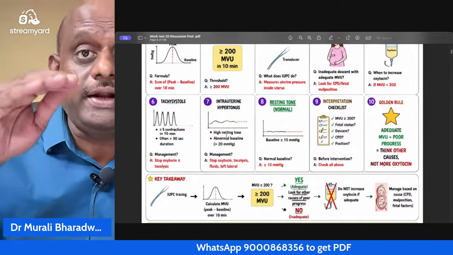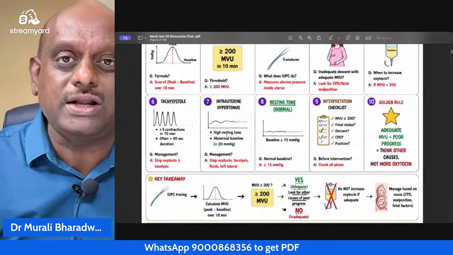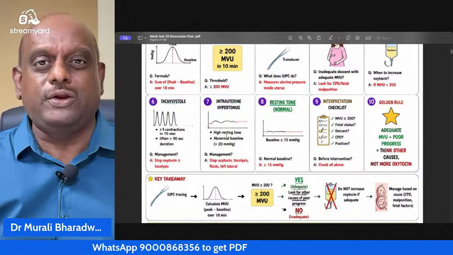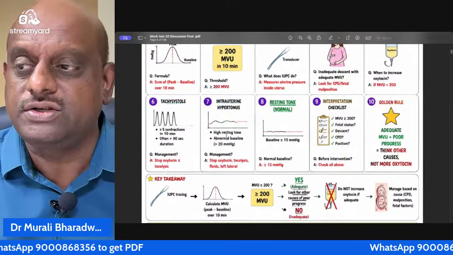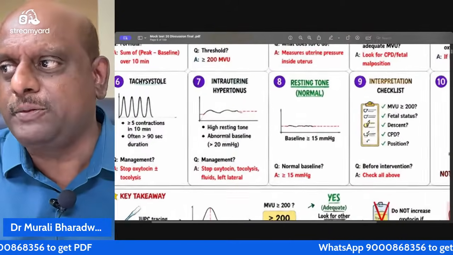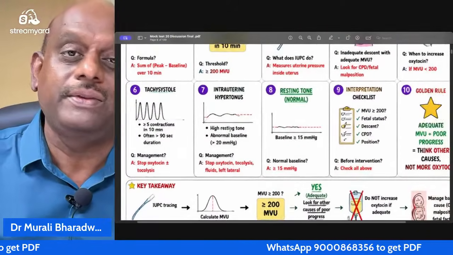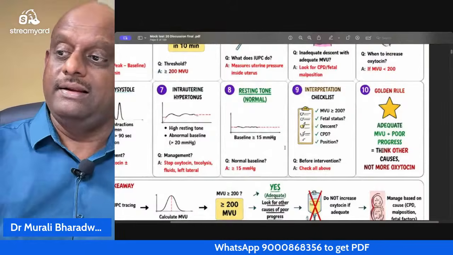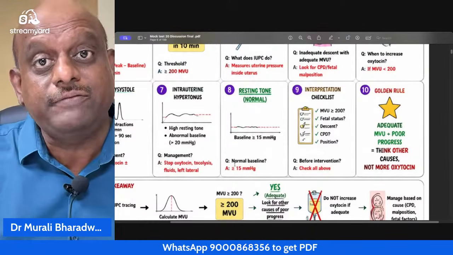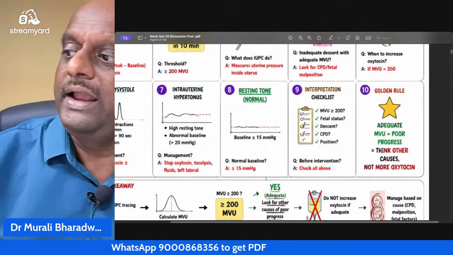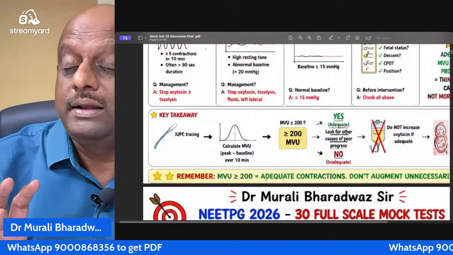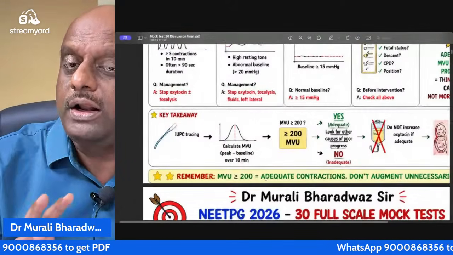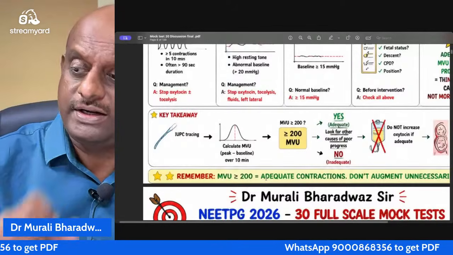Any high resting tone, abnormal baseline, more than 20 millimeters of mercury, you need to stop the oxytocin. Tocolysis, fluids, left lateral position is very important. And normal baseline is typically more than 15 millimeters of mercury is what we have to basically remember. So that is all about the uterus, the contractions, etc.